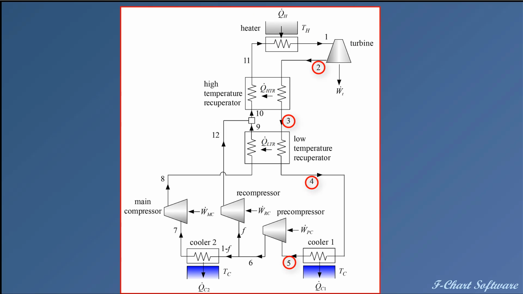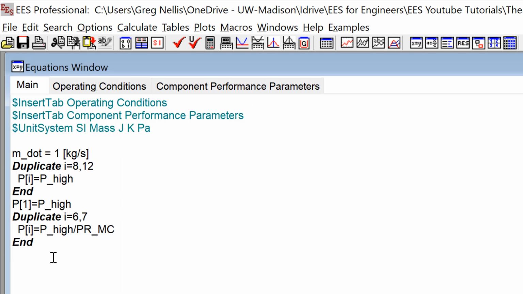And then finally, the pressure at states 2, 3, 4, and 5 must be the discharge pressure of the precompressor divided by the precompressor pressure ratio. So those are easy to set as well.